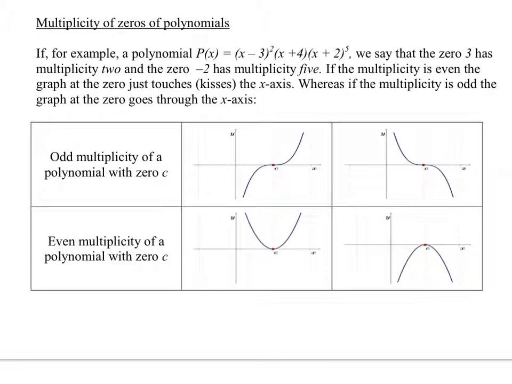What happens instead is perhaps something that looks like this. We go down, and then at x equals 3, we don't go through the x-axis, we just kiss the x-axis, we touch the x-axis, and go back up again. So again, if it's an even number here, we just touch the x-axis and go back again. We don't cross over.